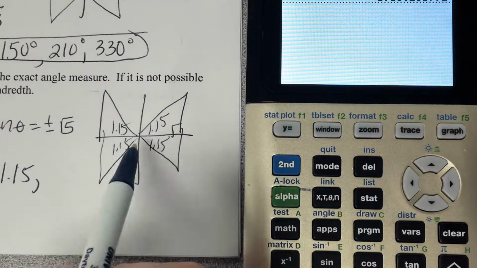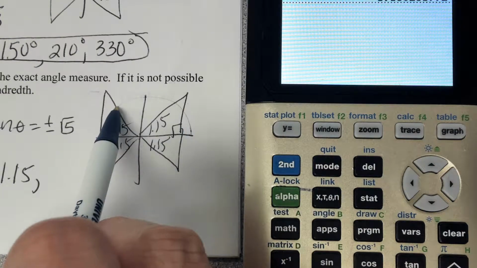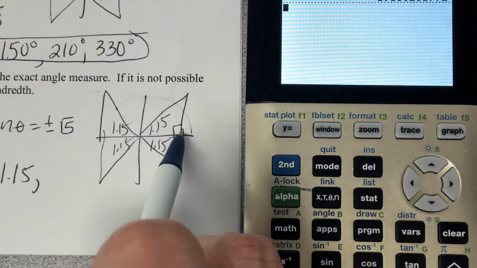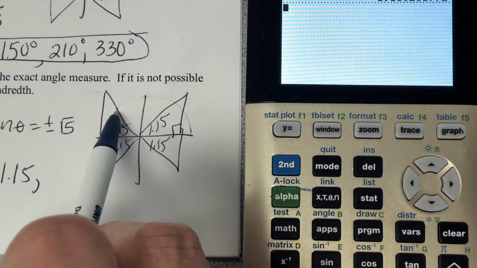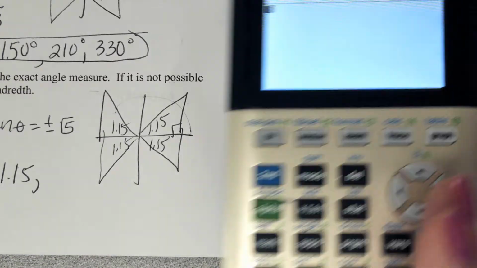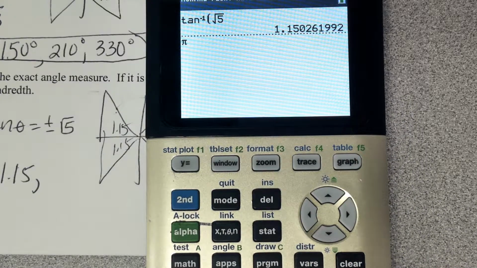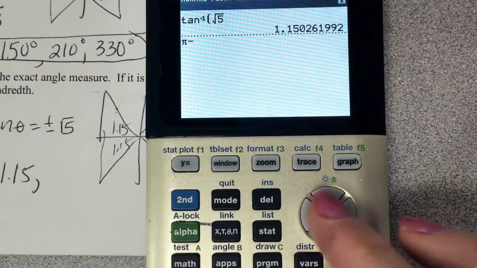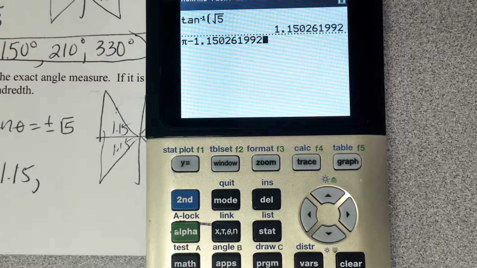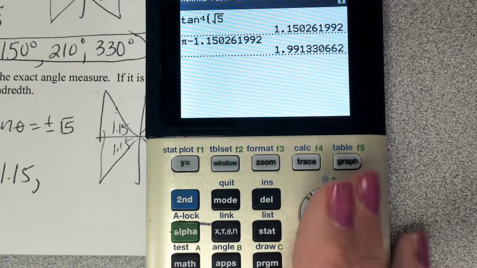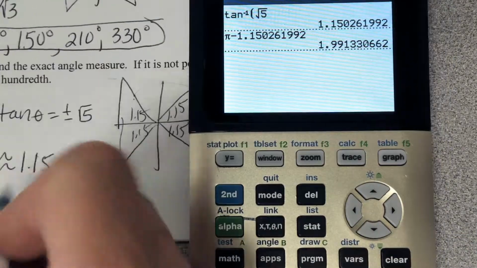So would you know how to find it in quadrant 2? What I would have to do to find the angle that starts here and ends there? Yeah, good. So I can do that, or I can even just do pi to make it a little faster. And I'm going to do minus this angle. 1.99 is my other answer.